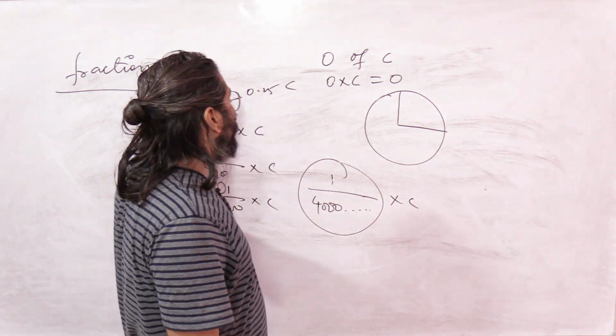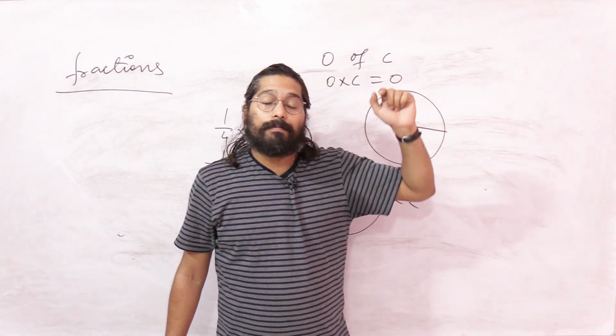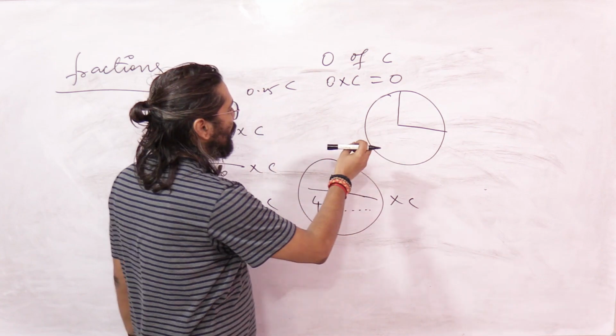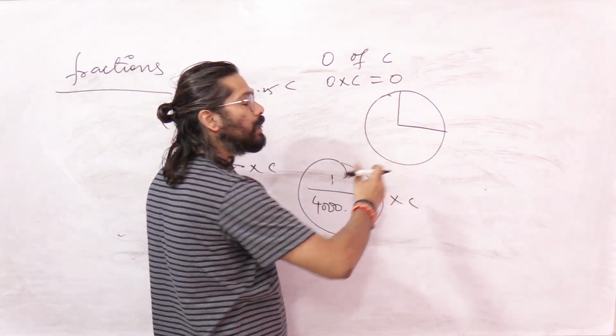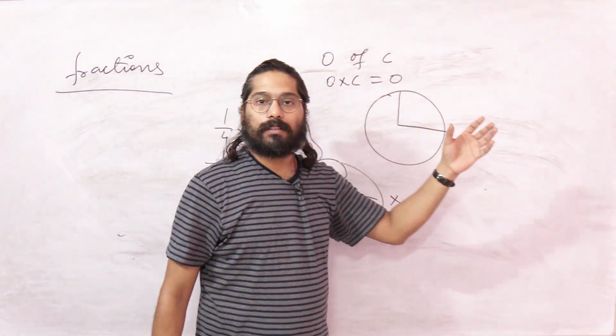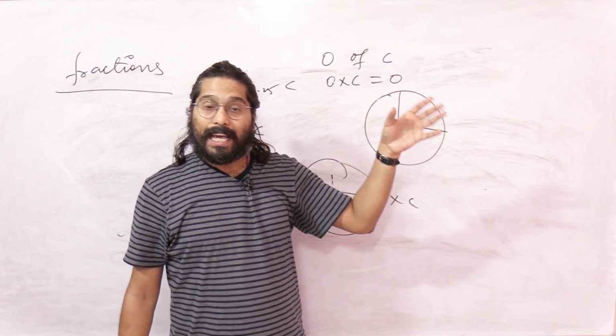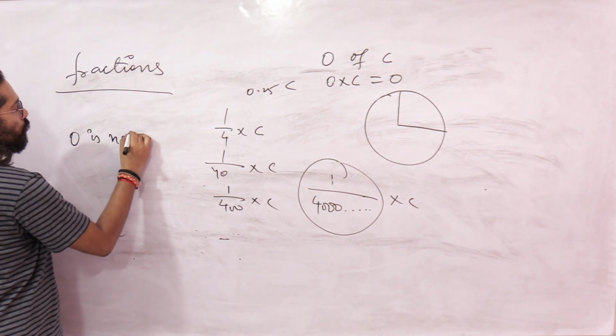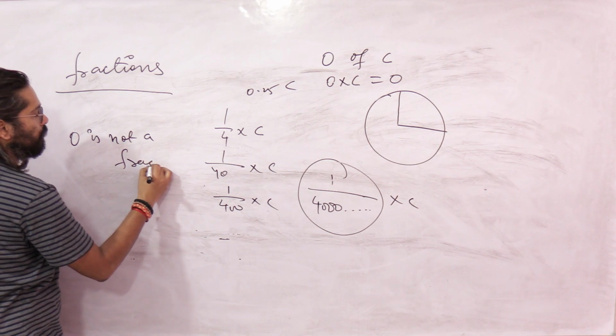And as you recall, a fraction is defined as always some part of something, and if you don't take any part of this particular thing, then how can you say 0 is a fraction? Hence 0 is not a fraction.